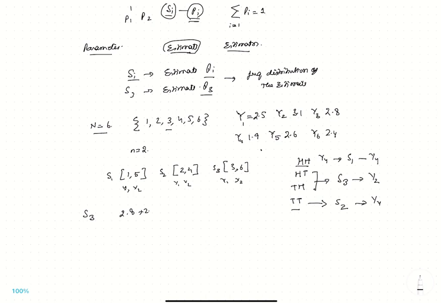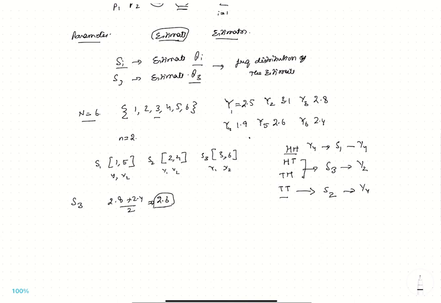So 2.8 plus 2.4 divided by 2 is going to be 2.6. That way we know the probability of getting this sample, and we know the y value that we will get if we pick this sample.